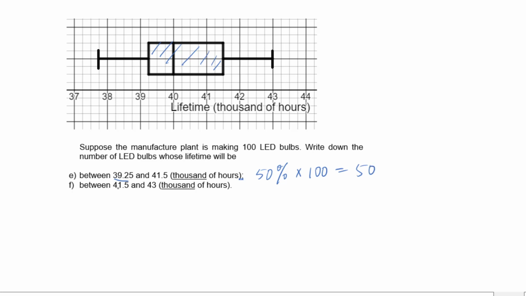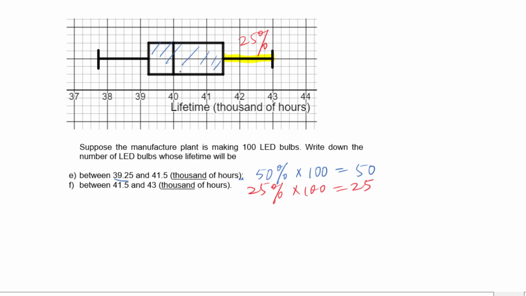F, between 41.5 and 43. 41.5 and 43 will be from here to here. This will be 25% of the data. So 25% times 100 will be 25.